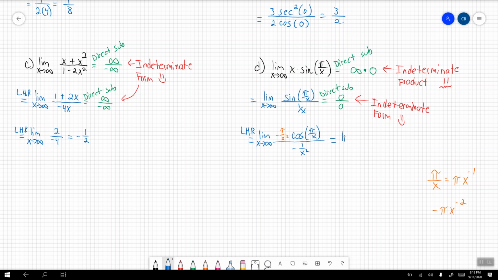And we should now get the limit as x is approaching infinity for pi times cosine of pi divided by x. Once we do this direct substitution, as your x values tend to infinity, pi divided by x is going to tend to 0. Therefore, cosine at 0 is 1, and we will be left with pi times 1, which is just pi.